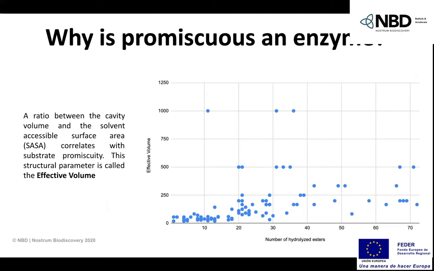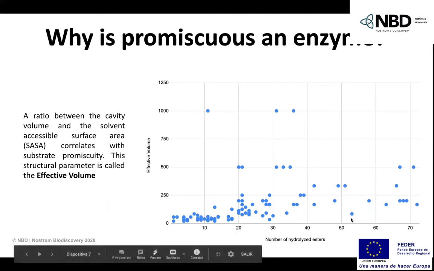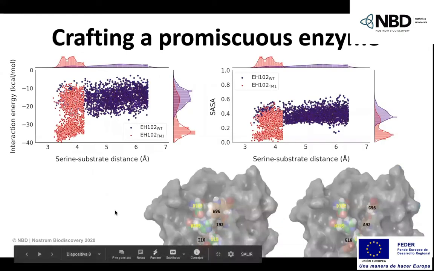Then with this information, we can now also engineer enzymes to go from this part of the table to this part of the table. How? Playing with big residues in the active site, so we can open a space and create a cavity, as we can see here.